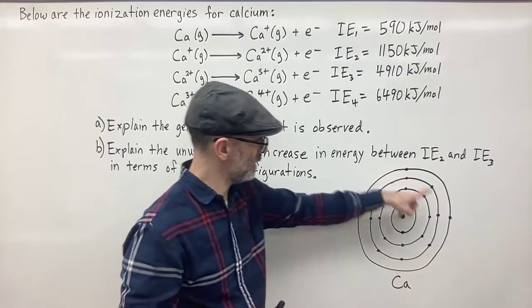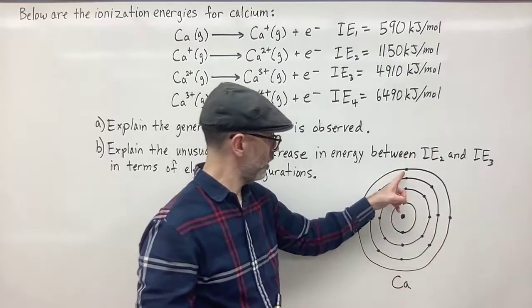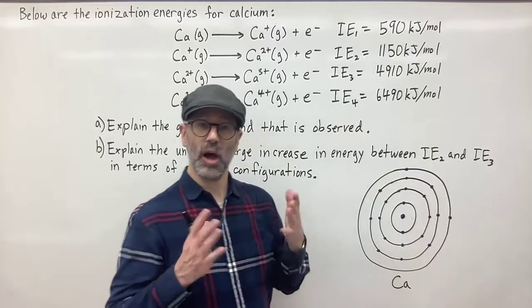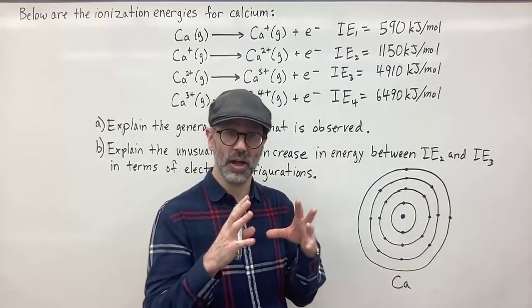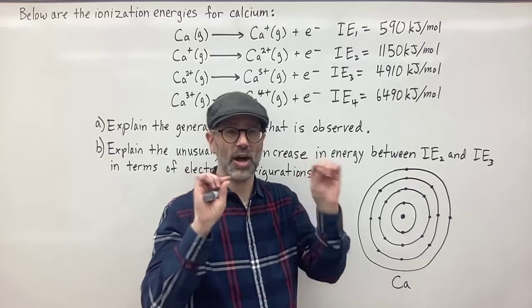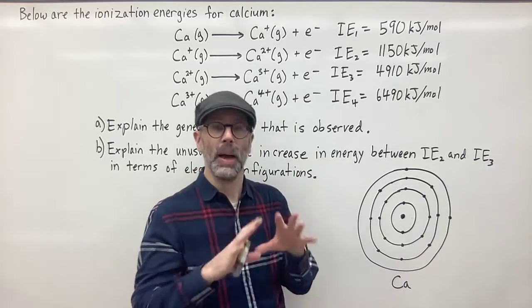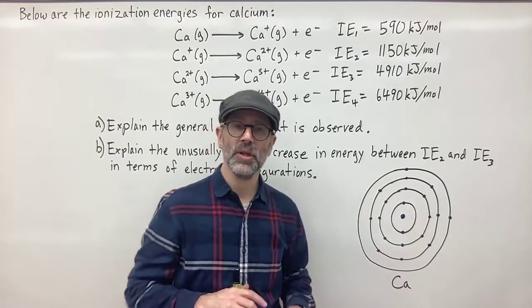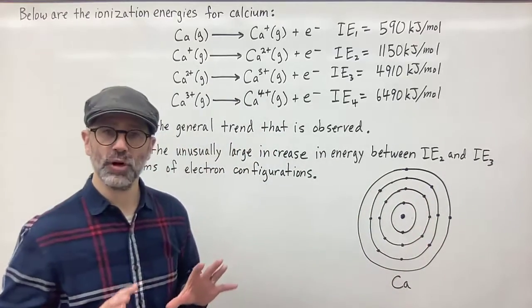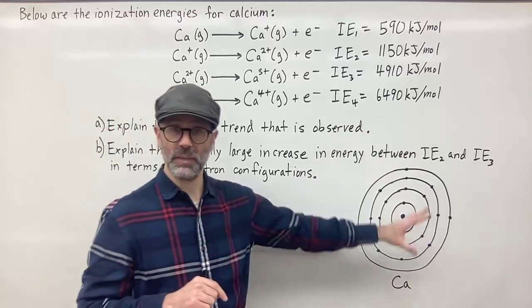The electrons in the valence shell, these two electrons, also apply a repelling force and cause a little bit of shielding as well, but not as much as the inner core electrons. Okay, so that's a good overview of what we're thinking about here.